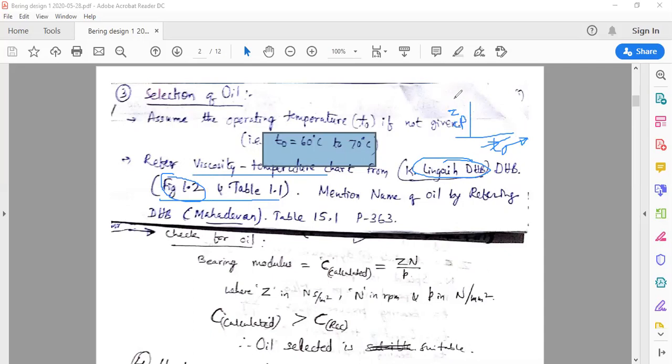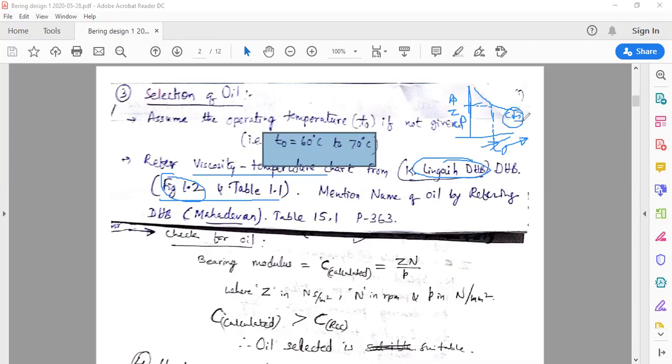That value we have to refer here. Suppose you know the value of Z in centipoise, say 25 centipoise, and you know the value of operating temperature. If both coincide at a particular point, the curve passing through or nearer to that point is to be selected, that may be B, C, D, E, or F, any particular name.